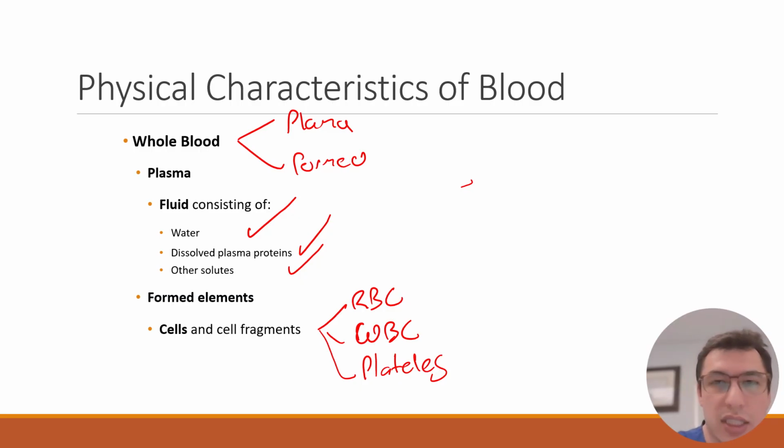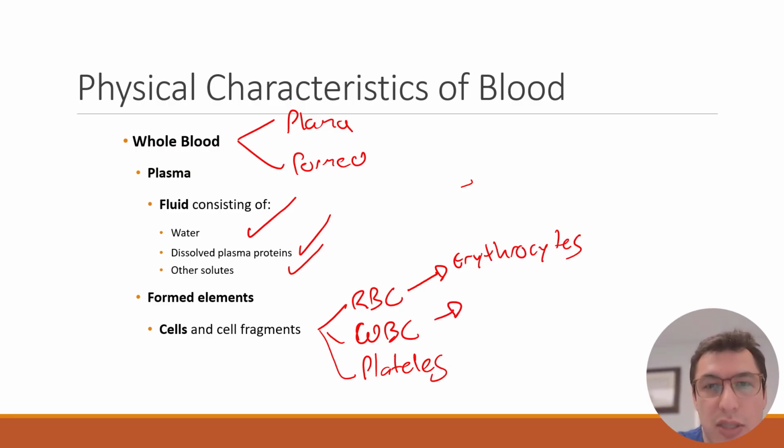Actually, here, as we're discussing, let's remember that the formal name for red blood cells is erythrocytes. The formal name for white blood cells is leukocytes, and the formal name for platelets is thrombocytes.